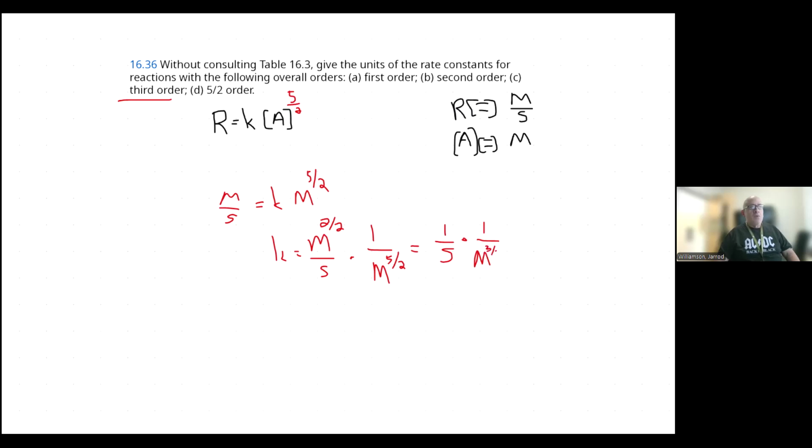And that's going to be equal to molarity to the -3/2 seconds to the -1. And that's how you do that. Okay, guys. I'll try and do more for you later, but that's how you do problem 1636.